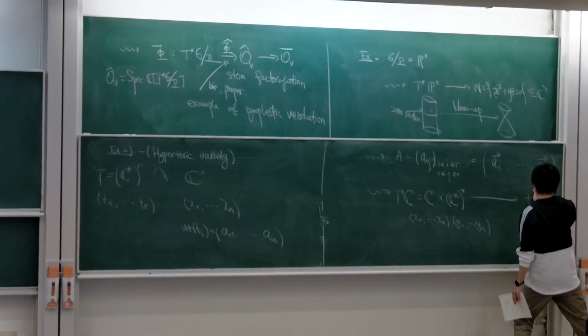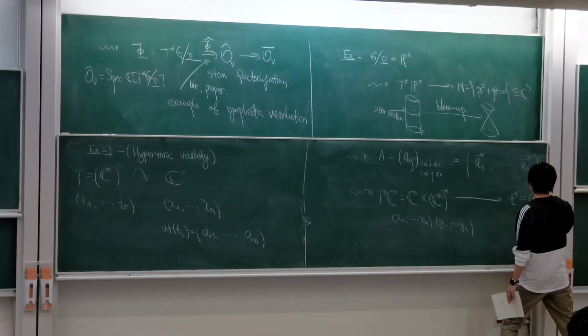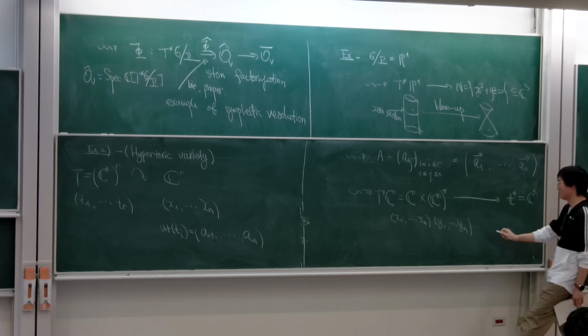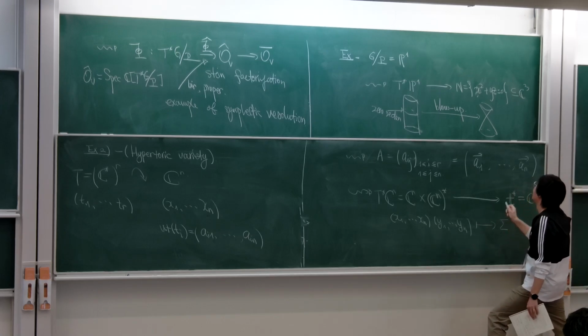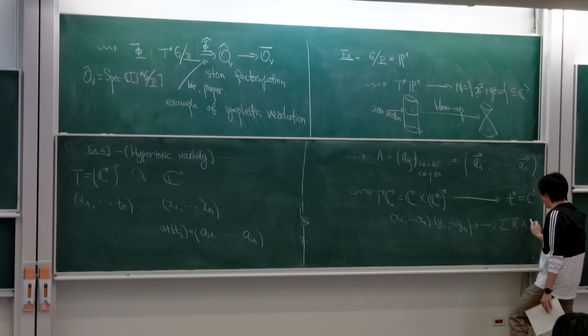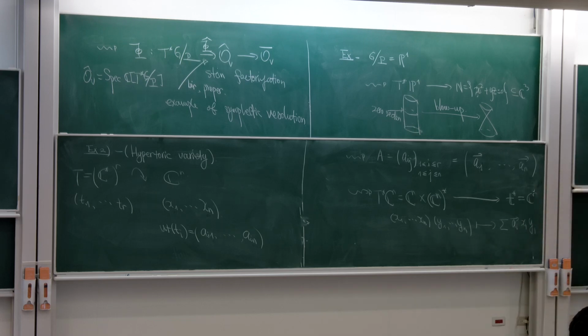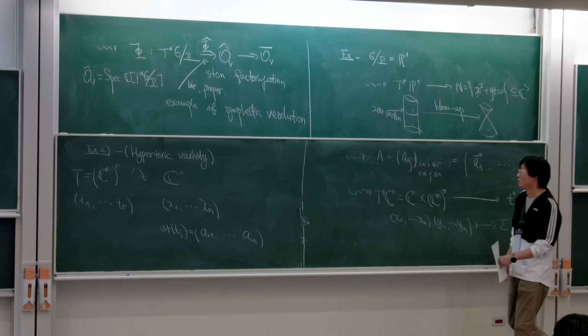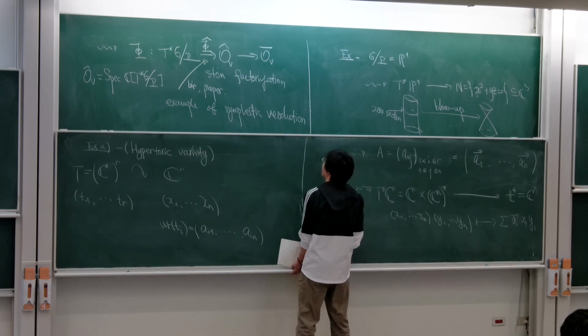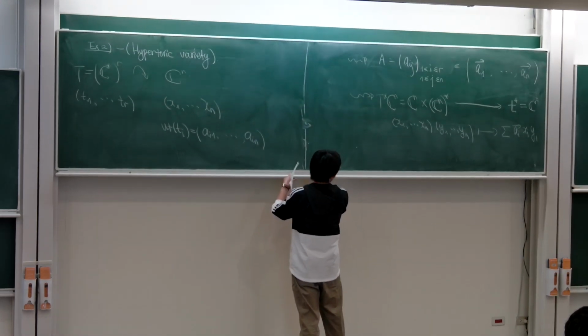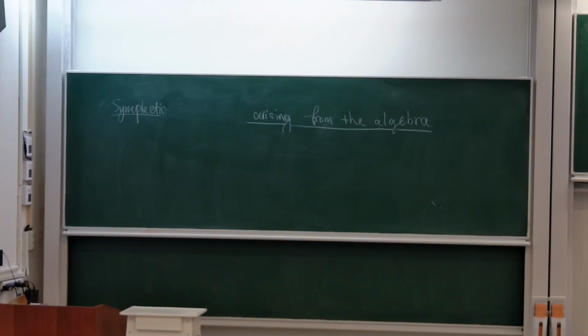This map is in fact just the sum of a_i, the vector a_i, times x_i y_i. You have r equations here, because this is a vector. Now you look at the preimage of zero.